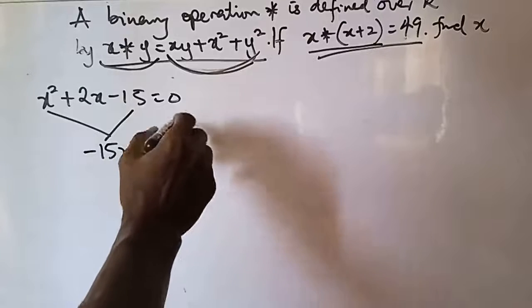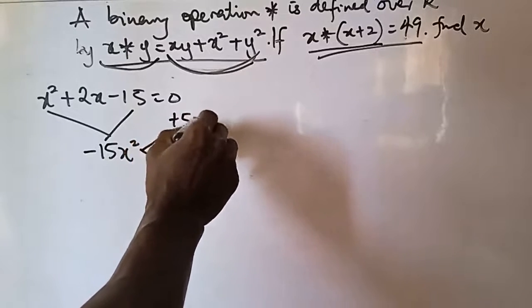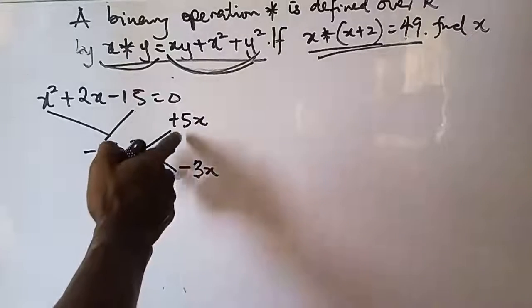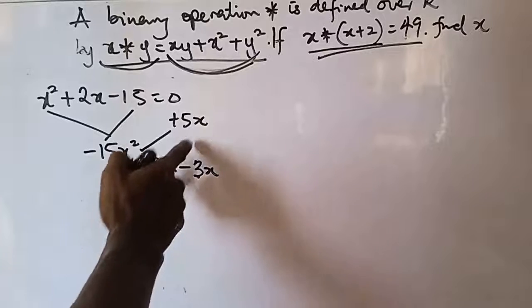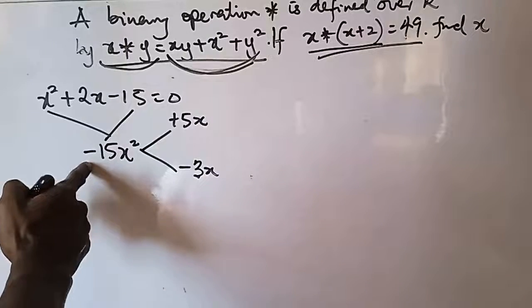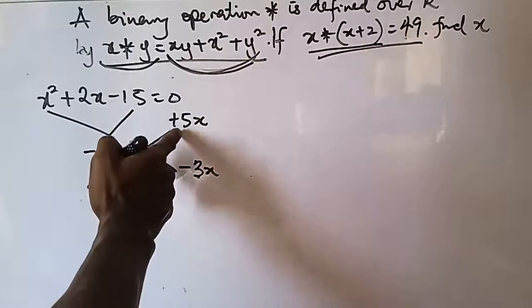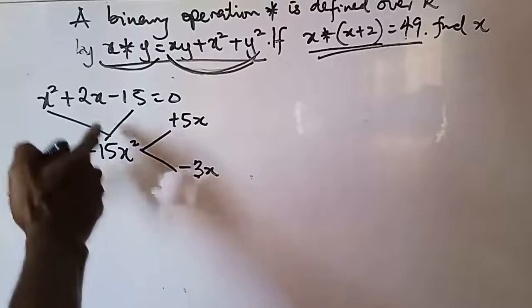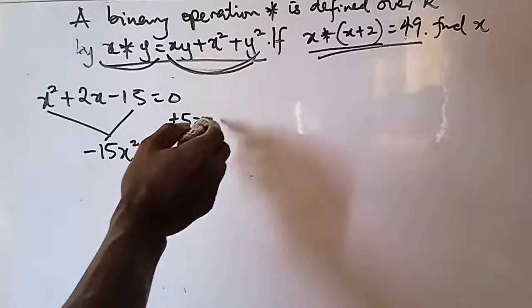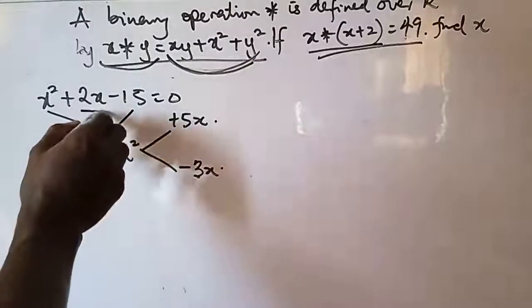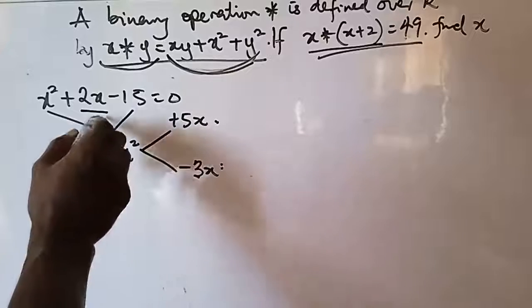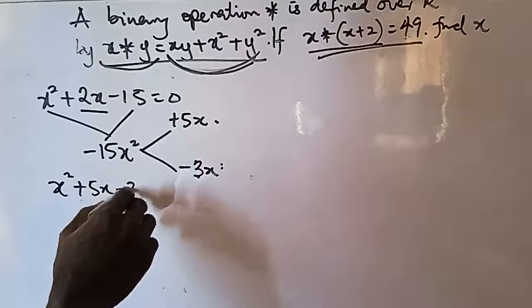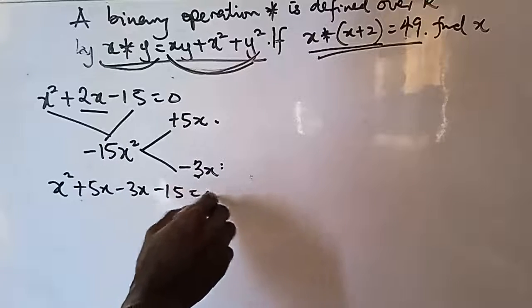That should give us plus 5x and minus 3x, since plus 5x times minus 3x gives us minus 15x squared, and plus 5x minus 3x gives us plus 2x. So replace these two factors for these two, which means x squared plus 5x minus 3x minus 15 equals 0.